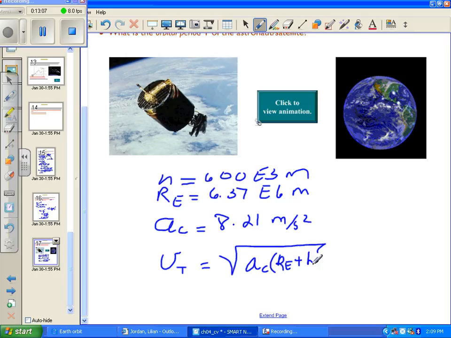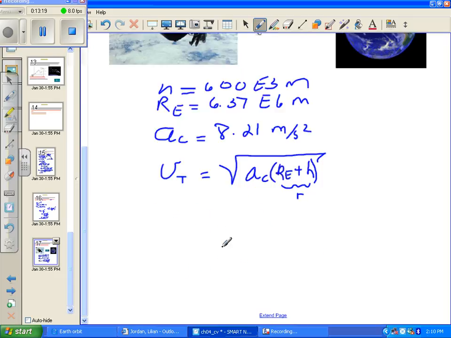You see, we have to take into account the actual position of the astronaut and satellite relative to the center of the Earth. In other words, little r is the radius of the Earth plus h. We substitute our numbers and we obtain V tangential as 7,560 meters per second.